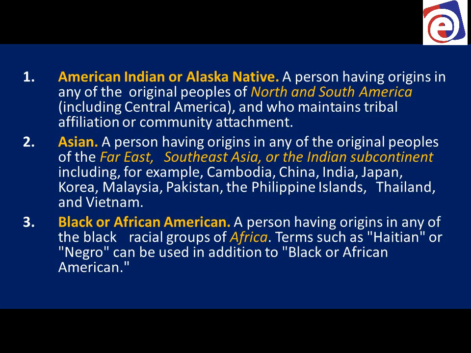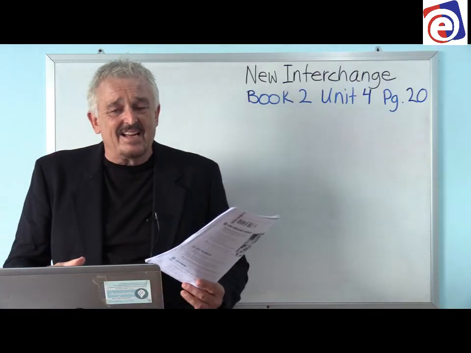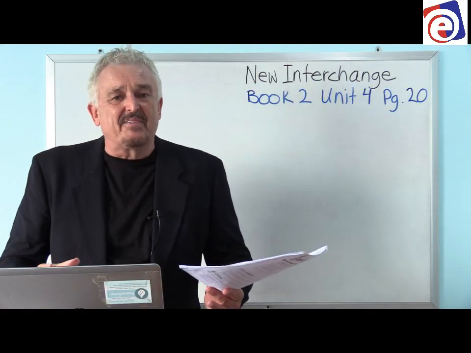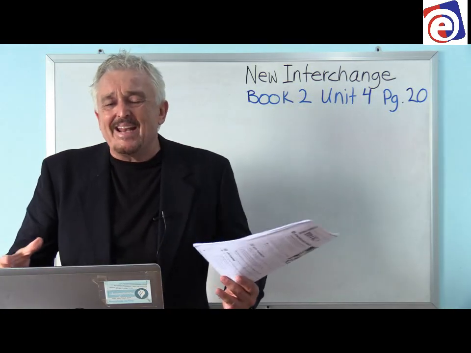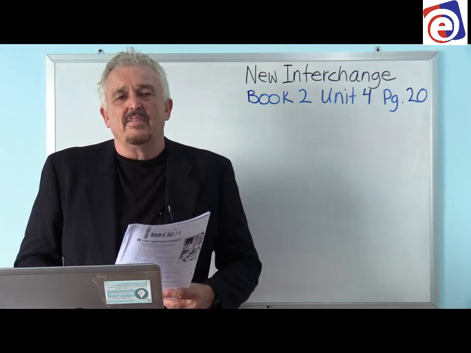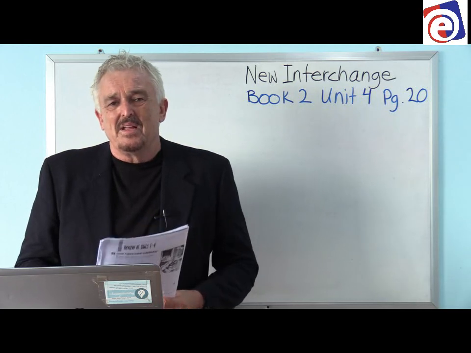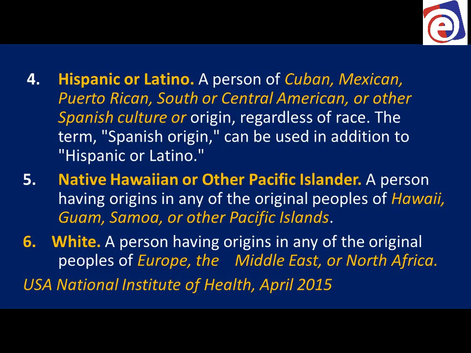A person having origins in any of the Black racial groups of Africa. Okay, see the word racial, that's the word race. Okay, and so Black and African ethnic group, mostly from Africa. Africa has many countries, but their history is similar, their culture is similar, their language might be similar.